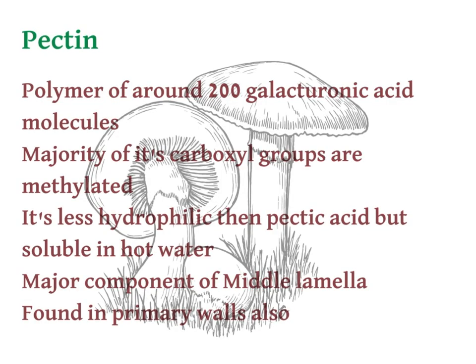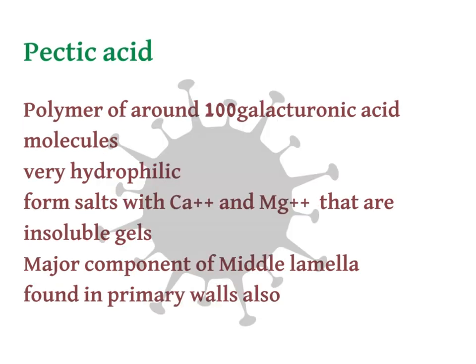Now pectin. Pectin is a polymer of around 200 galacturonic acid molecules. Majority of its carboxyl groups are methylated. It is less hydrophilic than pectic acid but soluble in hot water. Major component of middle lamella but also found in primary walls. Pectic acids.